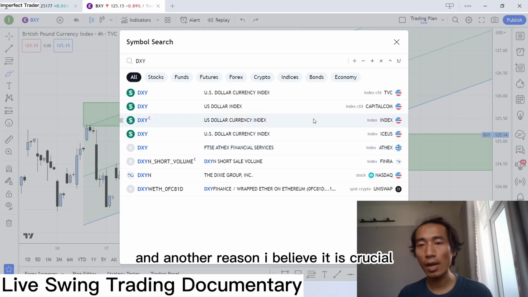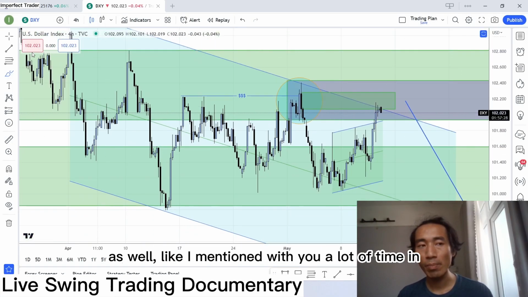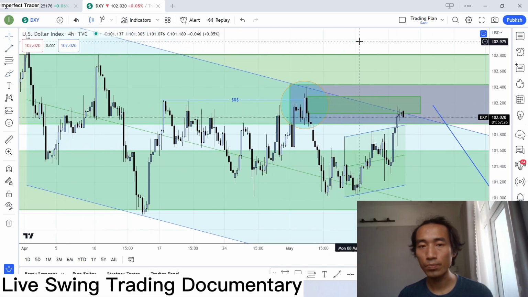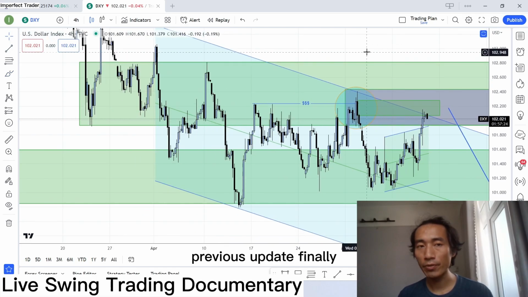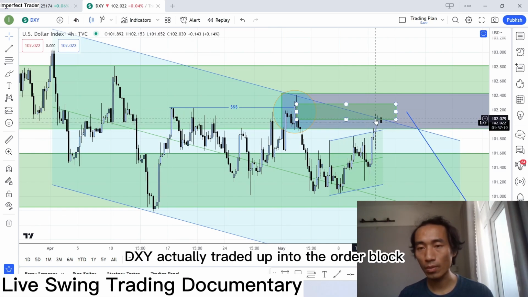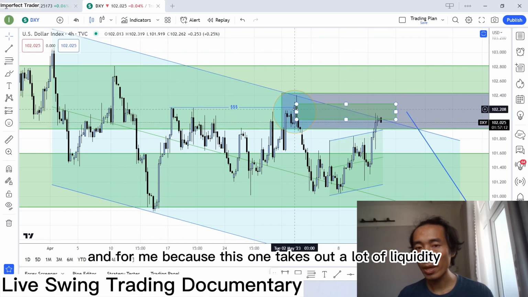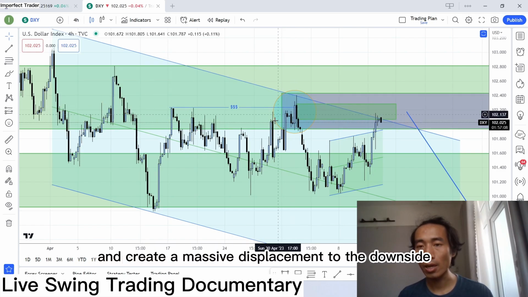And another reason I believe is crucial, as I mentioned to you a lot of times in previous updates: DXY actually traded up into the order block right here that I showed you. For me, this one took out a lot of liquidity and created a massive displacement to the downside.